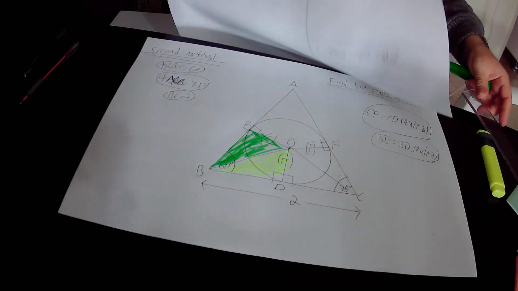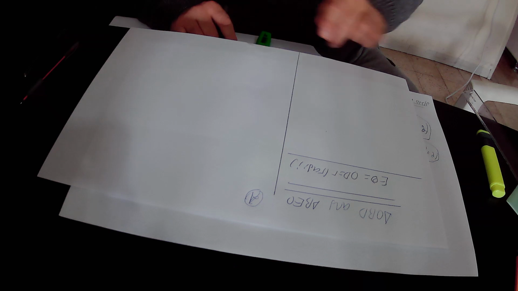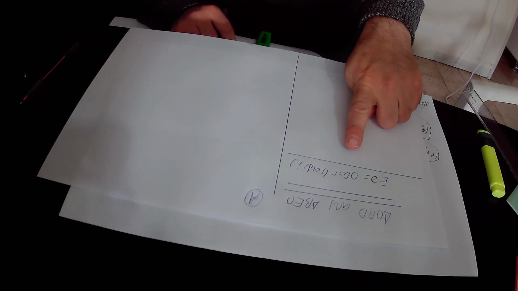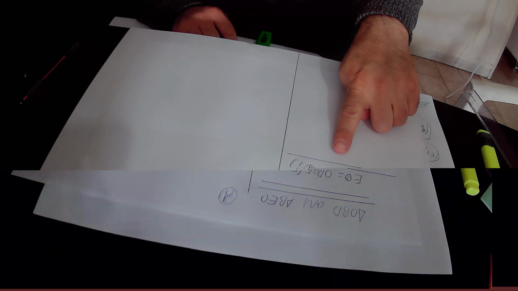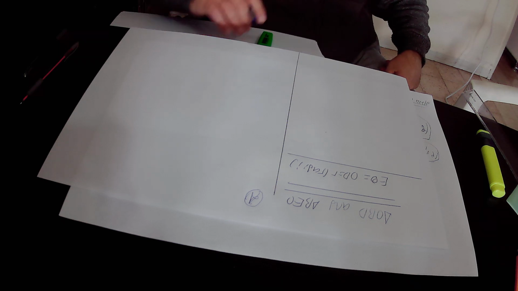Repeat again: side EO of the green triangle equals side OD of the yellow triangle. They are both radii of the circle, so they are equal to R.